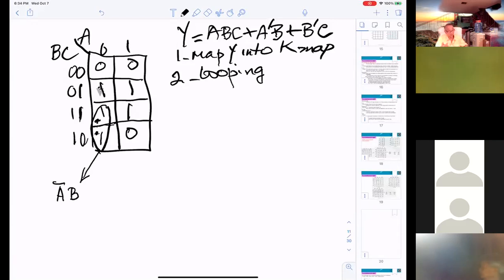You cannot loop 3, okay? You only loop 1, 2, 4, 8 ones.